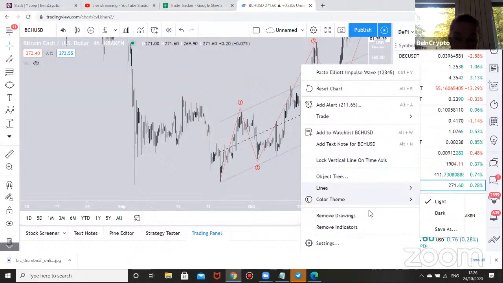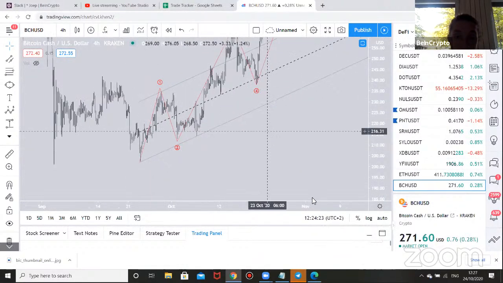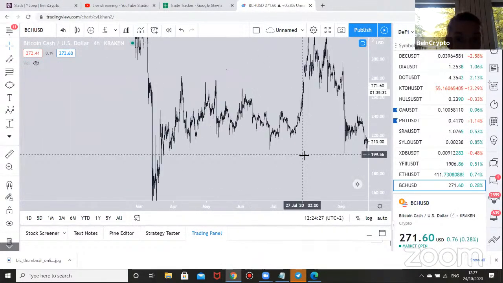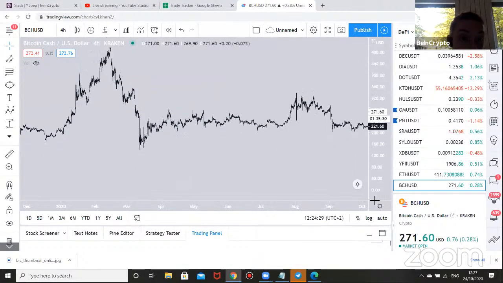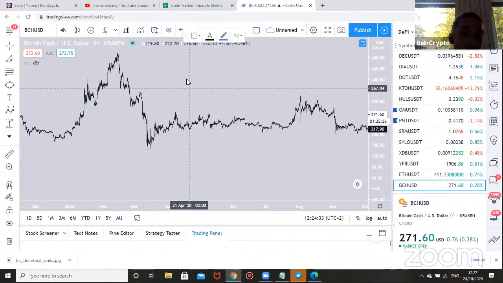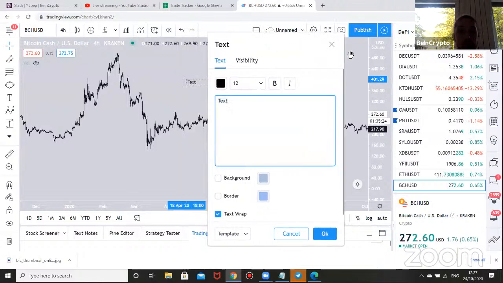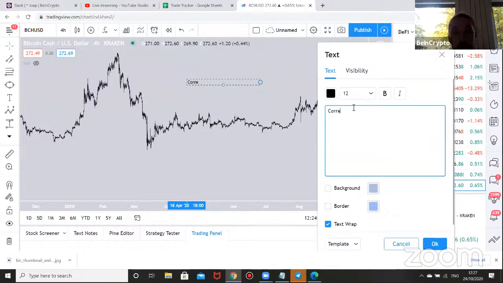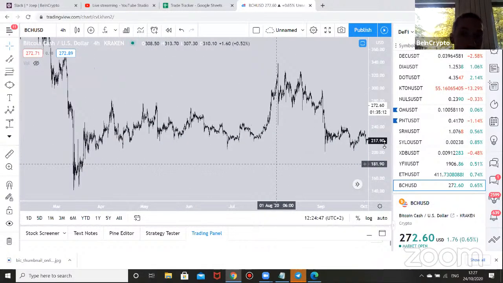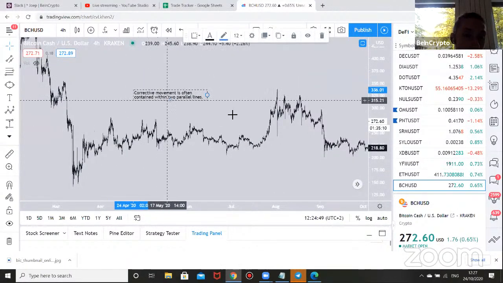Now, another thing which also fits in with what we've been discussing is that corrective movement is often contained within two parallel lines. Again, you can use parallel channels a lot in Elliott wave theory.